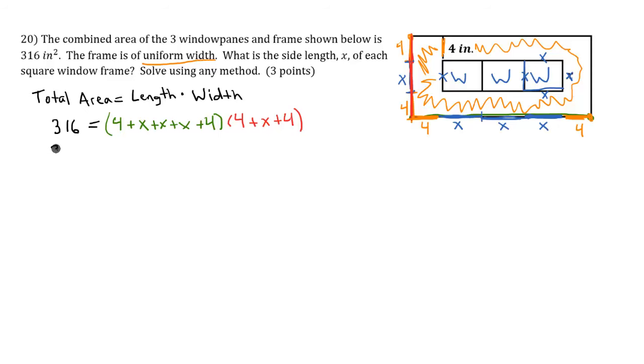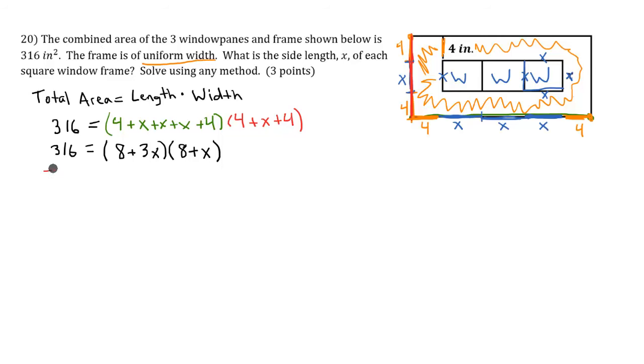Now let's go ahead and rewrite this. It's going to be 316, which equals 4 plus 4, that's 8, and then we have 3 x's, so plus 3x. And on this right side we have 4 plus 4, another 8, plus just 1x. That simplifies my equation a little better. Like that last problem, we're going to graph it to solve.